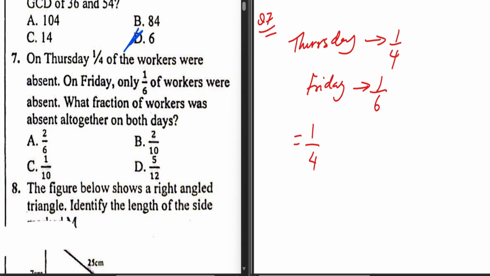So a quarter plus 1/6, which is the LCM of 4 and 6. How much is the LCM of 4 and 6? I think it's 12. Is it 12?